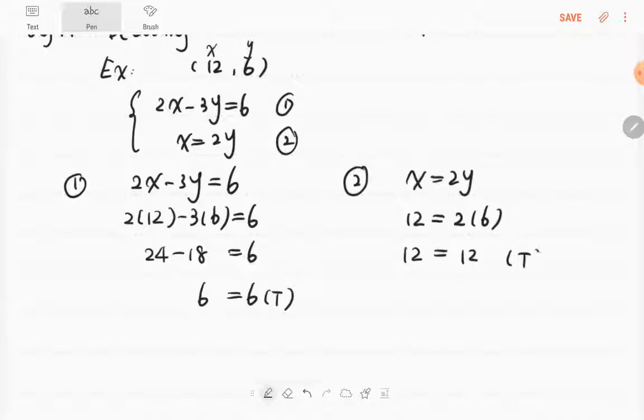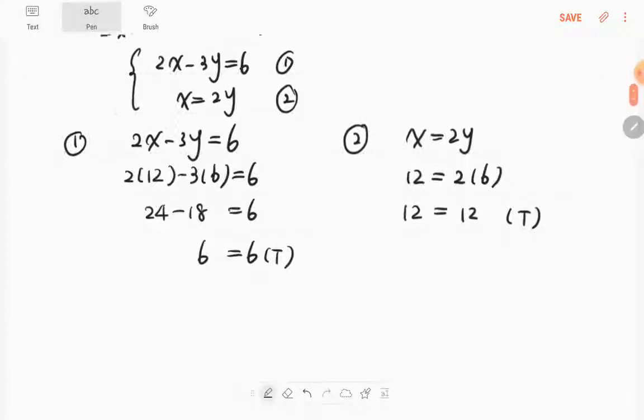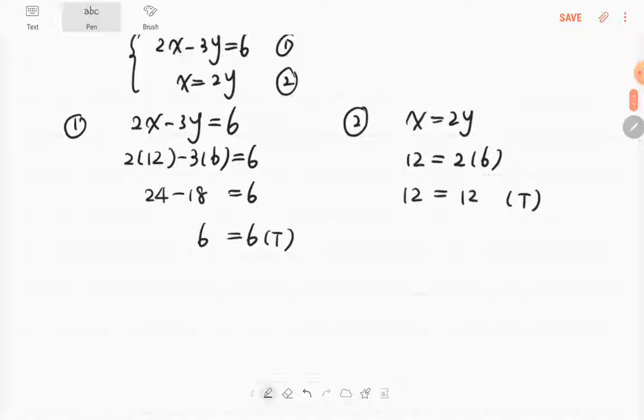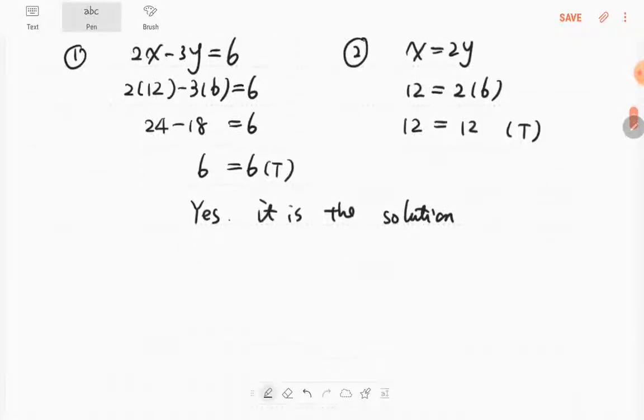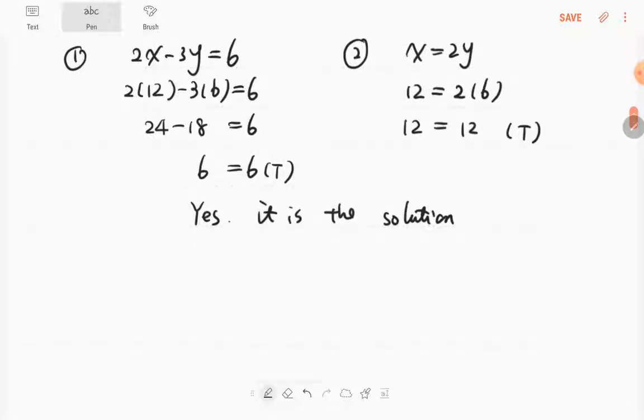So it's also true for the second equation. Then we will conclude this ordered pair, yes, it is the solution for this system. Okay, so we need to test both equations. If both are true, then we can conclude that.